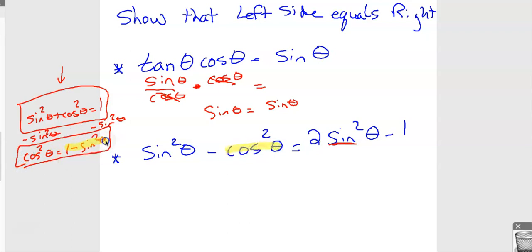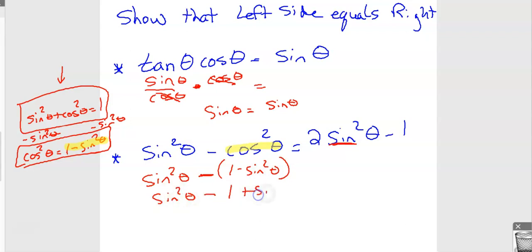I'm going to substitute that for that. So we're going to keep this sine squared theta minus 1 minus sine squared. Use the distributive property. I'm going to combine my sine squared and sine squared. That's 2 sine squared.